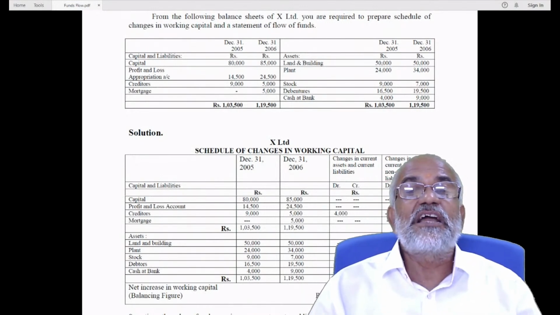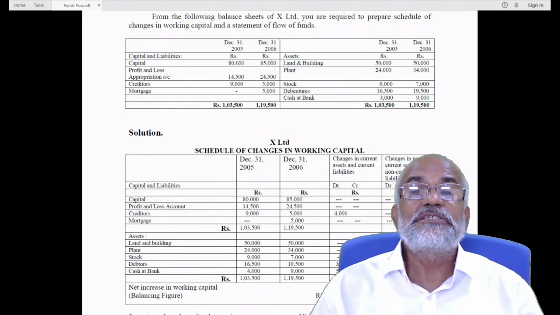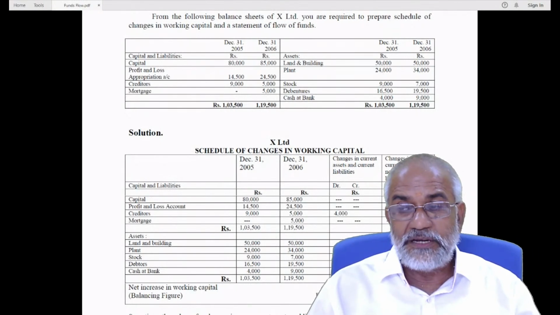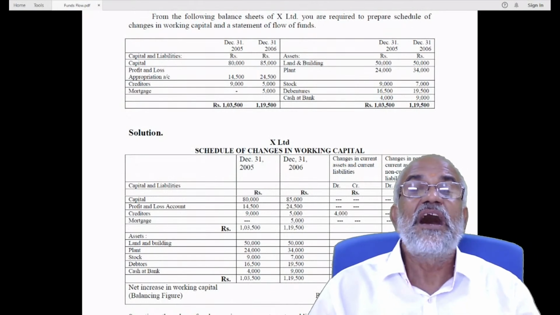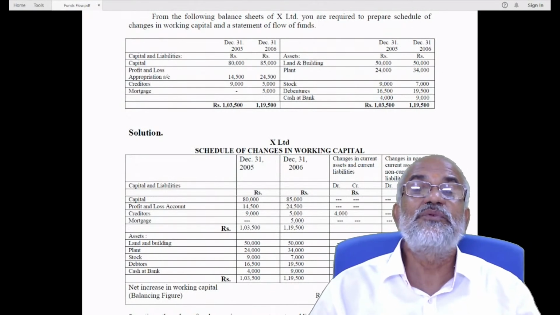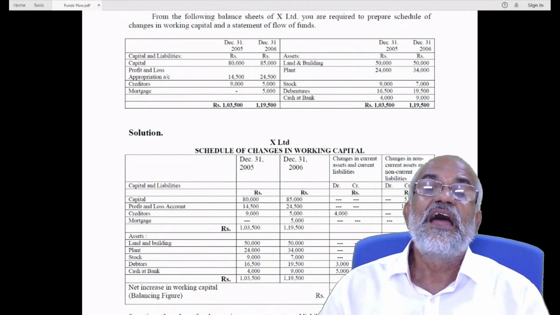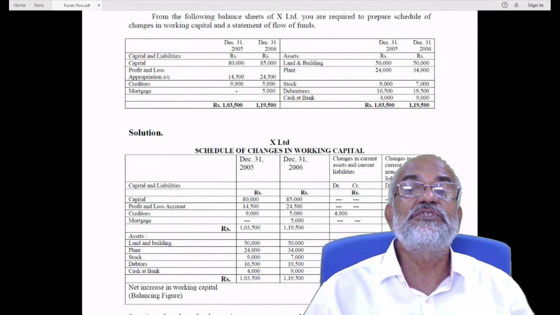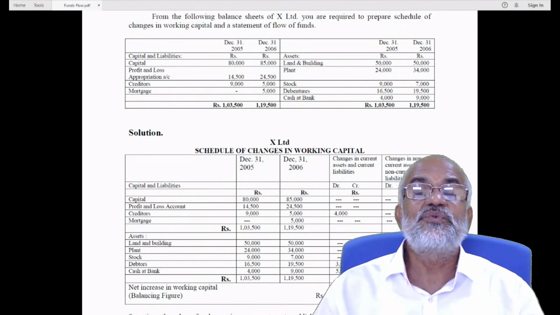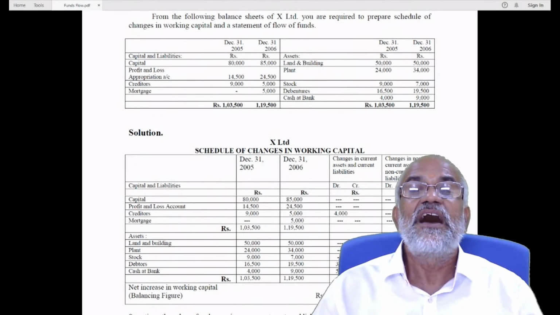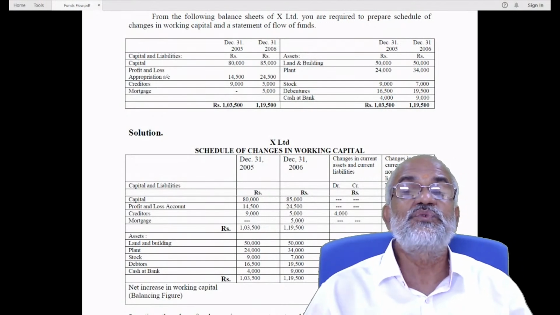And the profit and loss account, or the profit and loss appropriation account, or the debit balance of the profit and loss account, or you can say the cumulative profit and loss account, as on 31st March 2005 was 14,500, and as on 31st March 2006 it is 24,500. Creditors were 9,000 on 31st March 2005, and 5,000 on 31st March 2006.